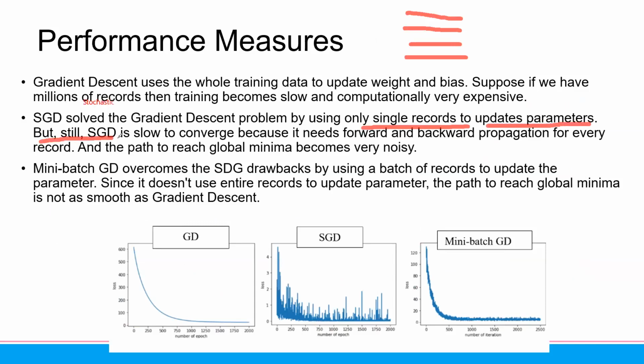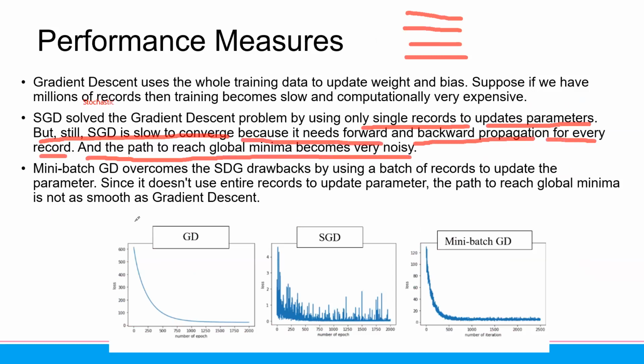But still SGD is slow to converge because it needs forward and backward propagation for every record. And the path to reach the global minimum becomes very noisy.